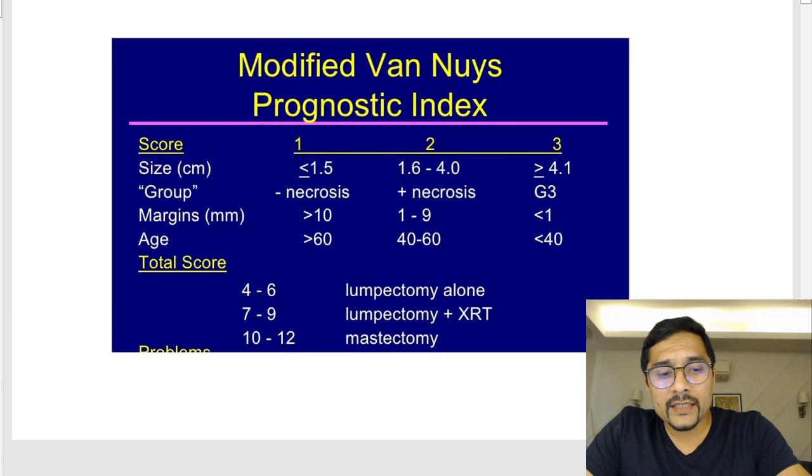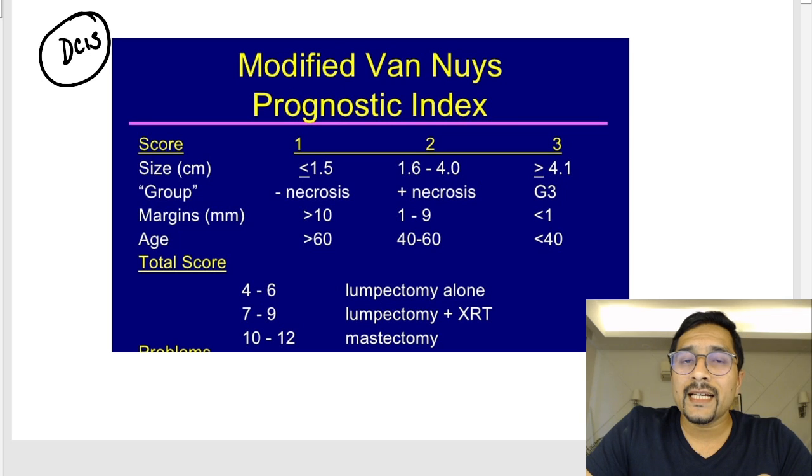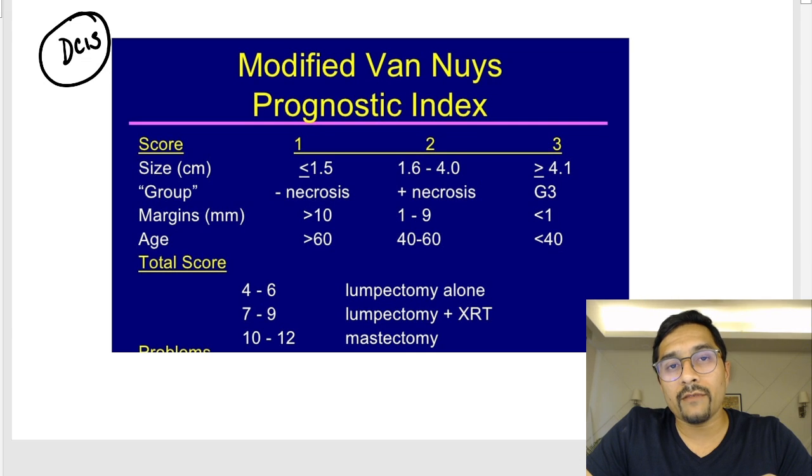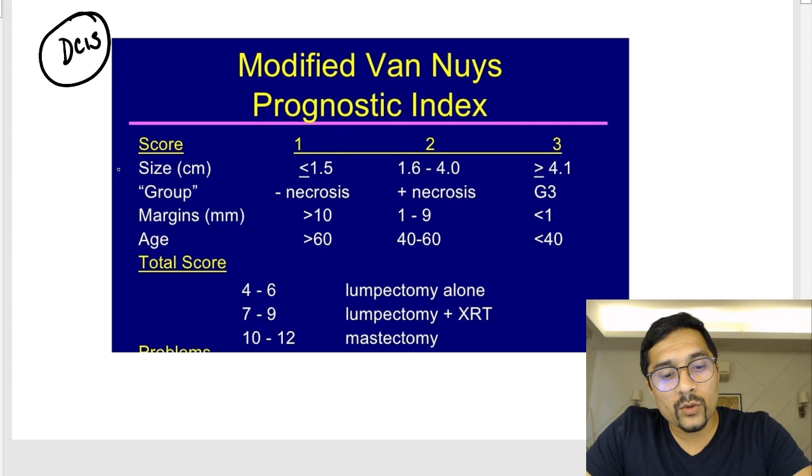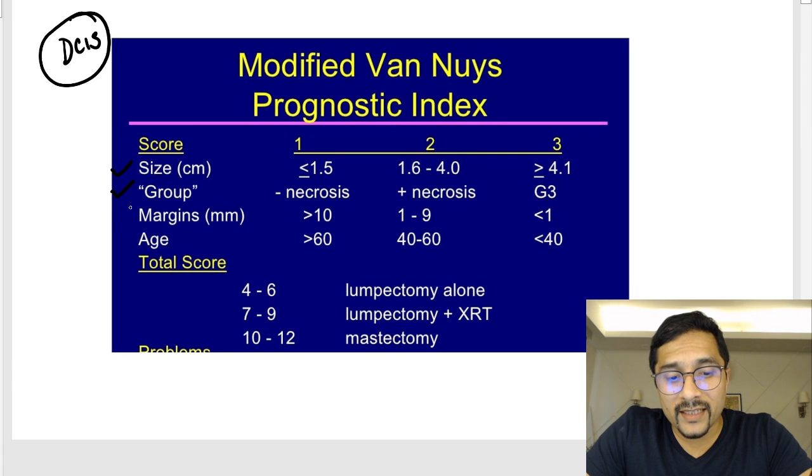For DCIS, you have a Van Nuys prognostic index. This has also been asked in the INICET exam, where they've asked the components of the Van Nuys score, which includes size, type of DCIS, meaning whether necrosis is there or not, or what is the grade, what is the resection margin, are the margins clean or not, and the age of the patient.